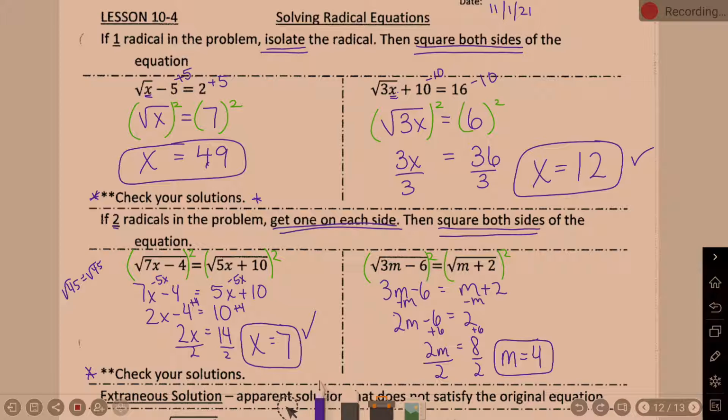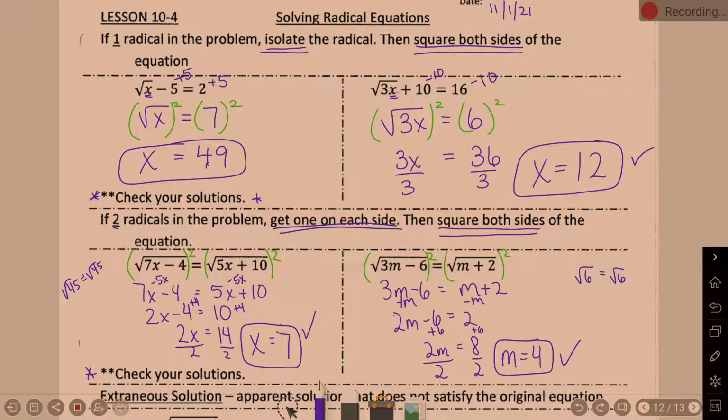Put the 4 in and check real quick. 3 times 4 is 12, minus 6 is 6. And so that is square root of 6. Put in 4 on the other side. 4 plus 2 is 6, and that is square root of 6. Guess what? It checks. Didn't really need to write anything down for that one.